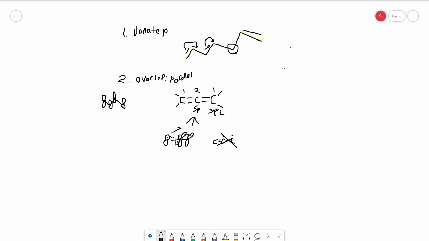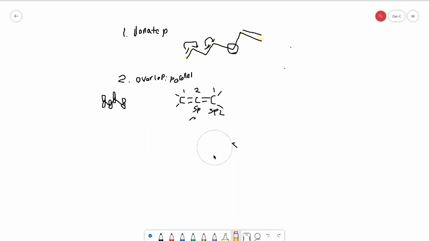But what's the problem here? Notice if this is carbon 1, this is carbon 3, and this is carbon 2 in the middle, carbon 1 and carbon 2 overlap, carbon 3 and carbon 2 overlap with different orbitals, but carbon 1 and carbon 3 do not overlap with each other. They can't share electron density with each other. Therefore, they're not a conjugated system.